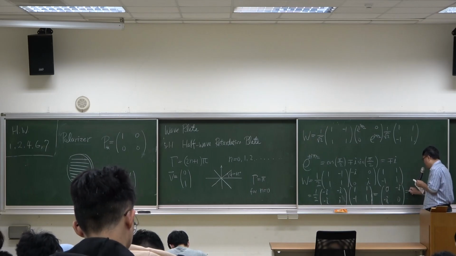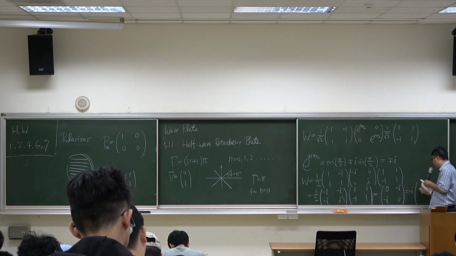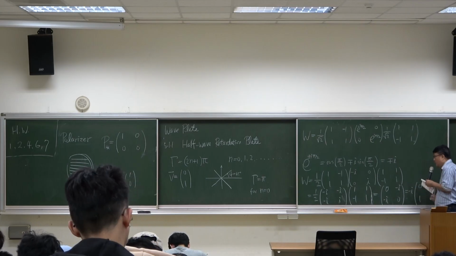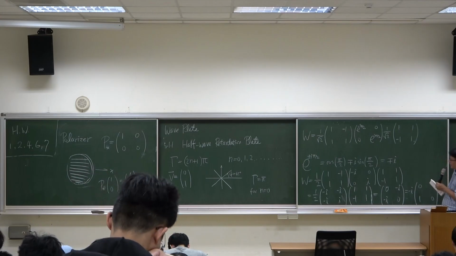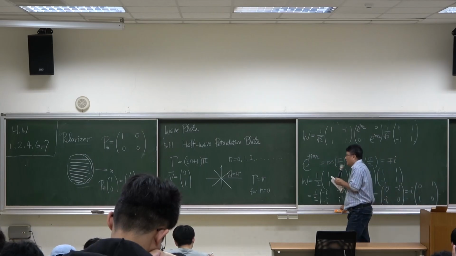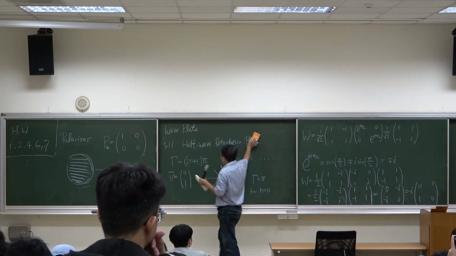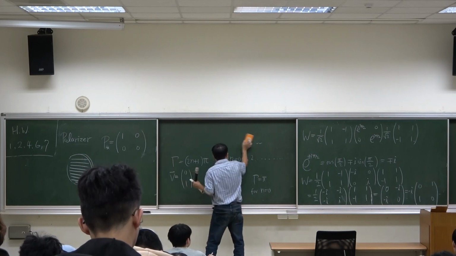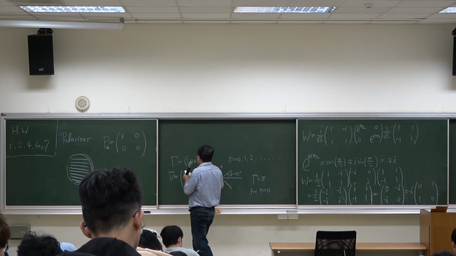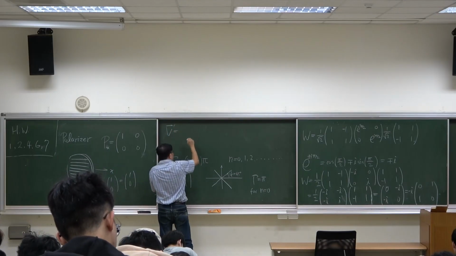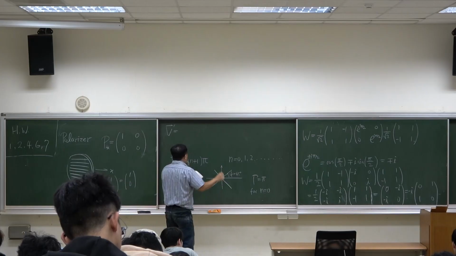Which is equal to minus i times 0, 1, 1, 0. Okay, and we multiply this W to V. So V prime is minus i.